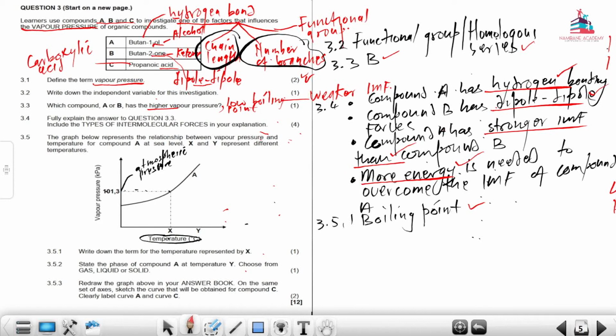Then 352: state the phase of compound A at temperature Y. Choose from gas, liquid, and solid. Now, we know that at this point our compound starts to boil.